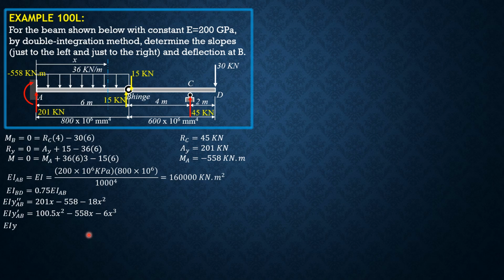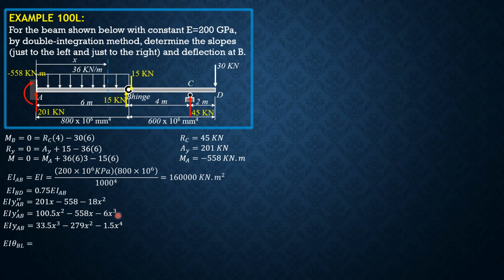Then integrating again, EI y AB is equal to 33.5 x cubed, since 100.5 divided by 3 is 33.5, minus 279 x squared, which is 558 over 2, then 6 over 4 is 1.5, so minus 1.5x to the fourth. Then we can set x to 6. We can compute theta at B just to the left in the slope equation because there are no constants.